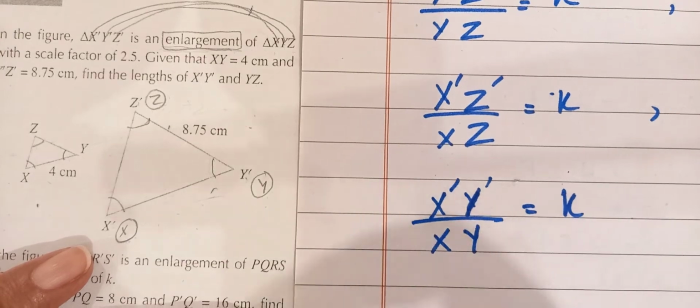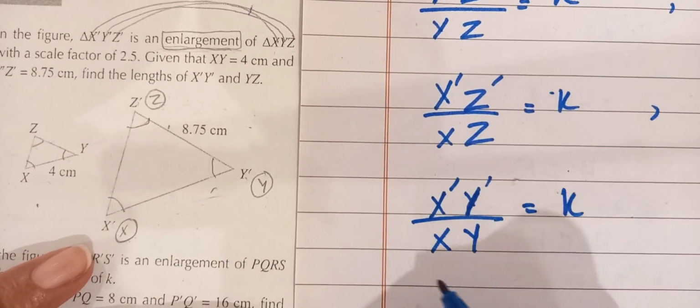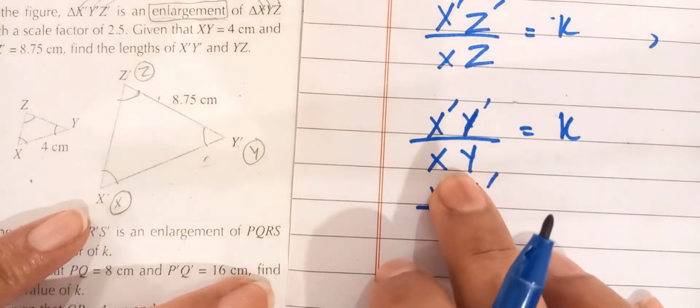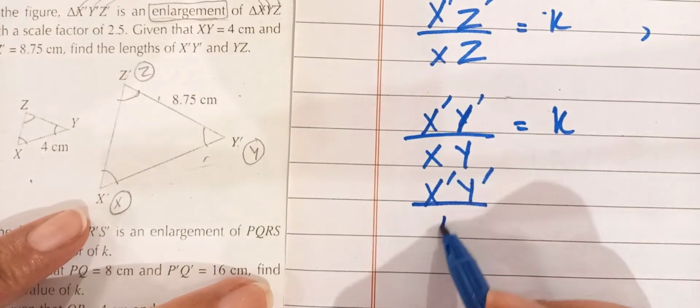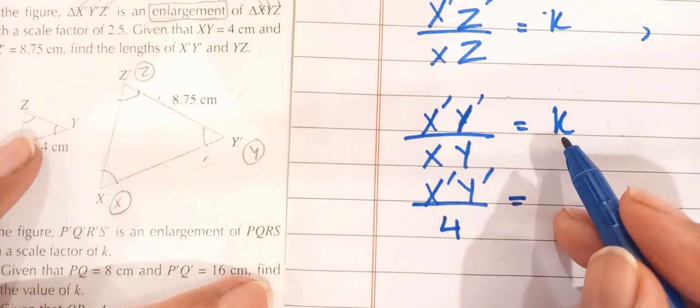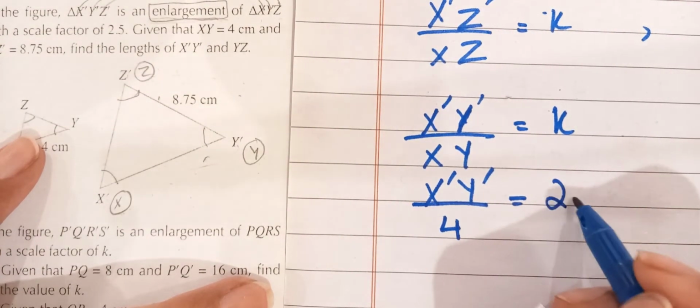Now they have given me the value of xy, which is 4. I will replace xy by 4. And they have given me k, the constant, the scale factor, which is 2.5.